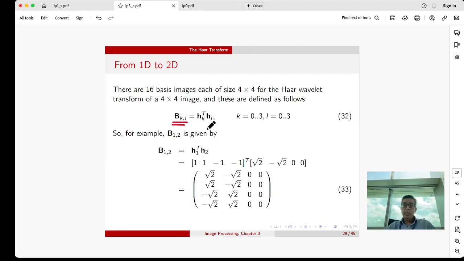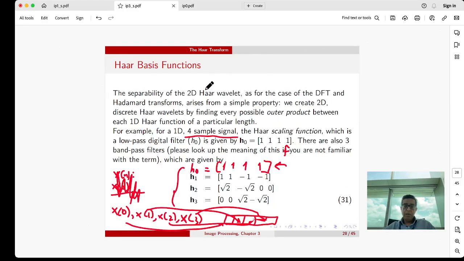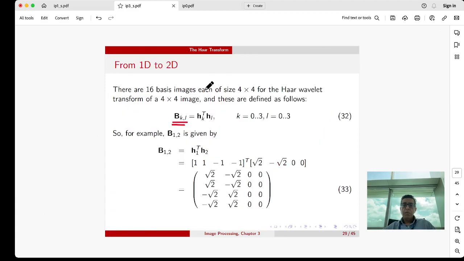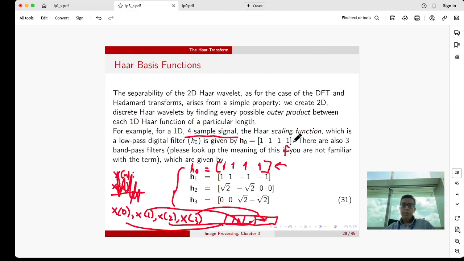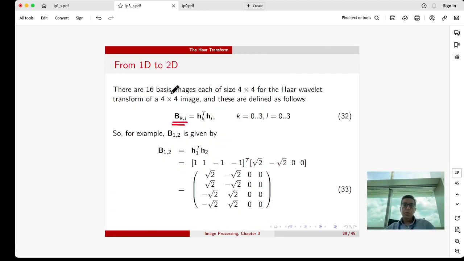Now, what are we doing here? Using this definition, where these basis signals are treated as row vectors, when I do a transpose, that swaps from a 1x4 to a 4x1.